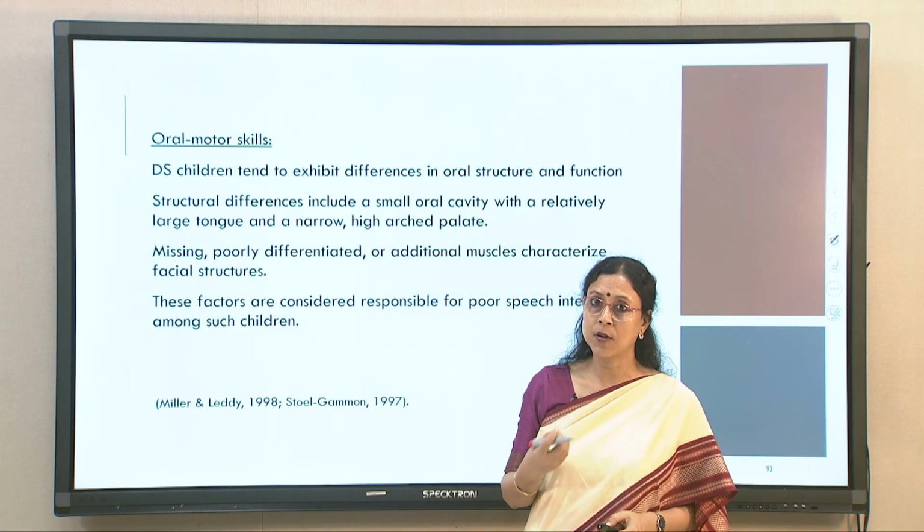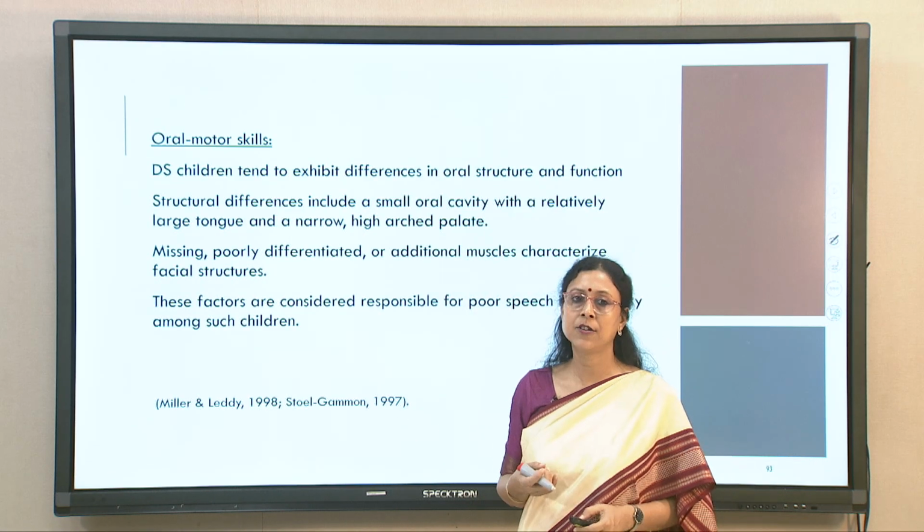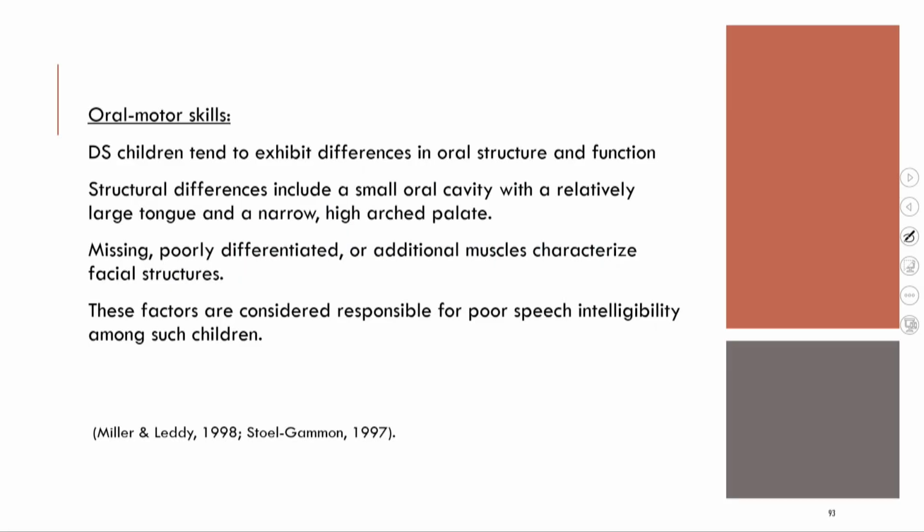They also have oral motor skill related issues. They tend to exhibit differences in oral structure and function. Structural differences include a small oral cavity with a relatively large tongue and a narrow high arched palate. So, the structure of their oral cavity is also different as opposed to typically developing children.